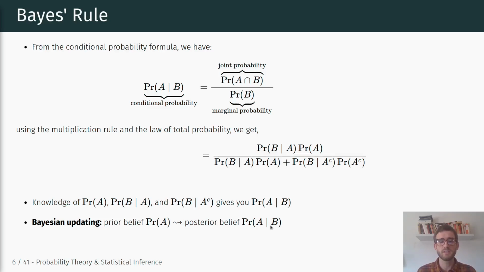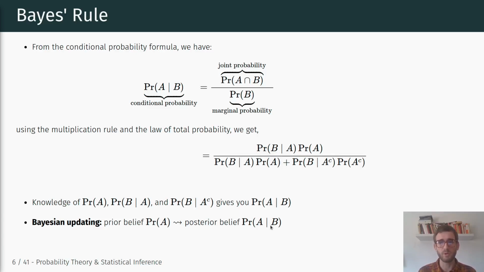Keep in mind that Bayes' rule, this rule of computing conditional probabilities, applies whether you interpret probabilities from a Bayesian perspective or from a frequentist perspective, right?